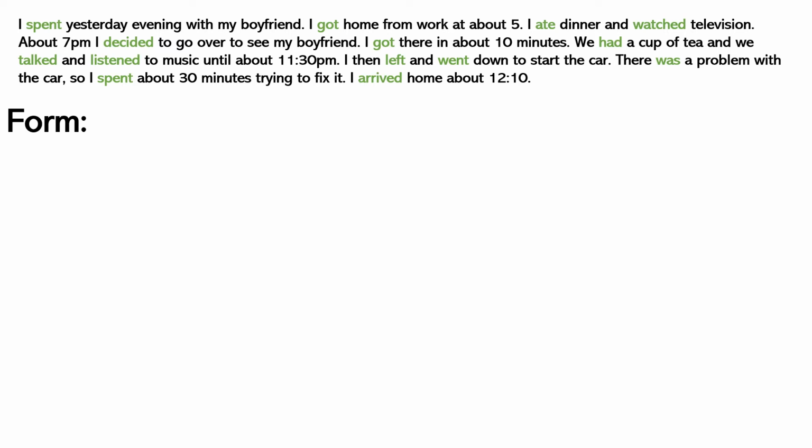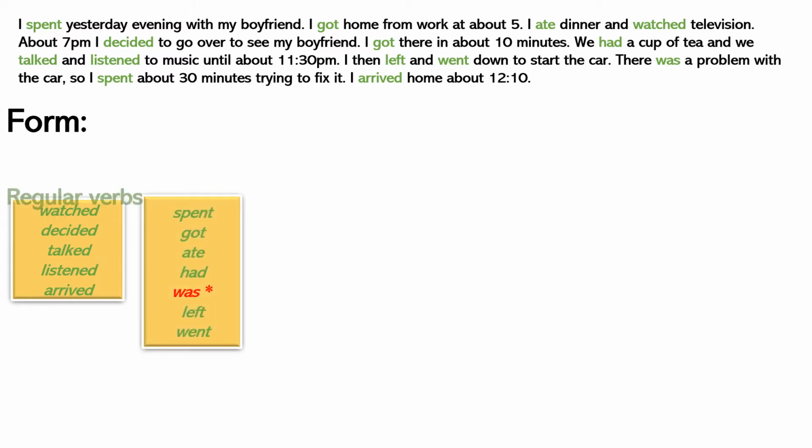But first things first. There are two groups of verbs, as we have discussed, regular and irregular. Some examples from the text. Regular verbs: watched, decided, talked, listened, arrived.